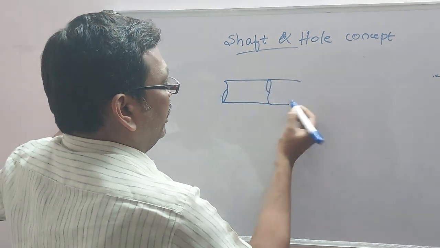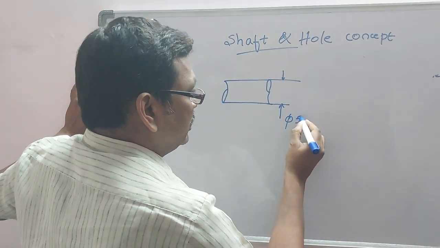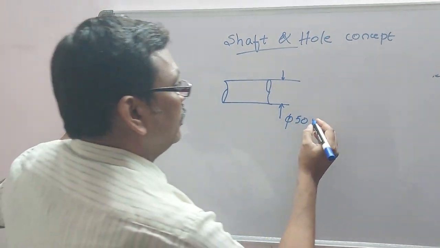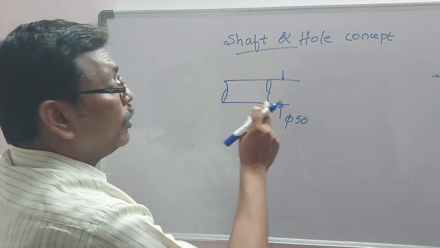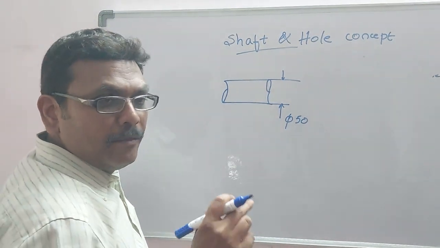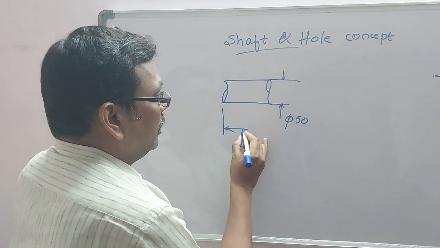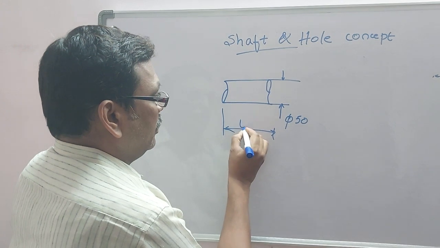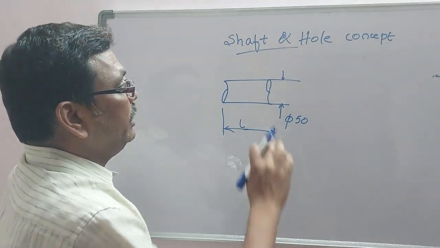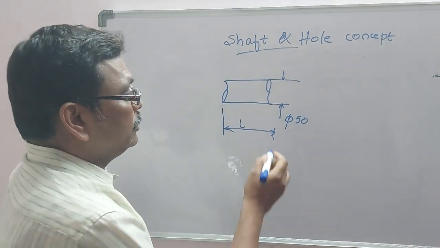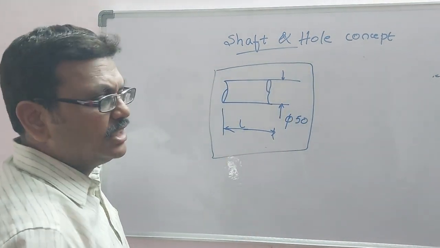It has a diameter of something around, say, 50. As I said, in order to manufacture this shaft, what are all the dimensions we need? We need the diameter of the shaft and the total length of the shaft. If we have these two dimensions, we can manufacture the part. So this we call a general dimension.